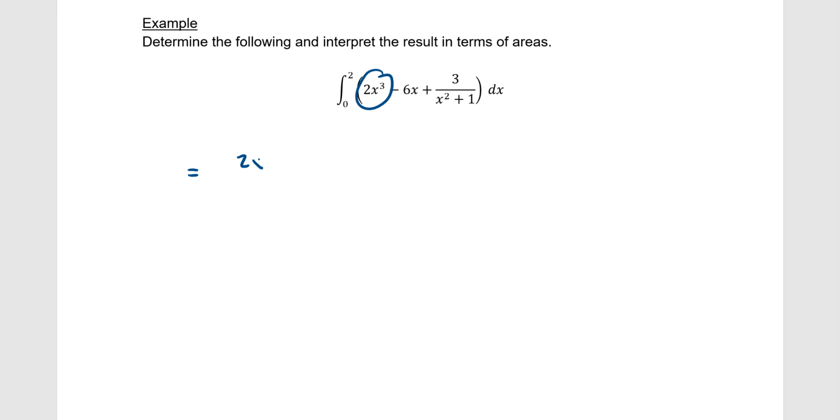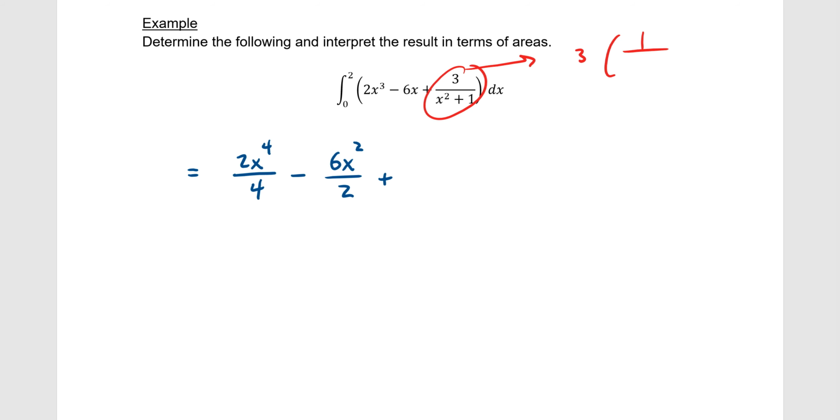So let's take a look at the first one, 2x cubed. So this is going to be add 1 to the exponent and divide by that new exponent. Next one, 6x, add 1 to the exponent, divide by that new exponent, so 6x squared over 2. Next one is a little tricky. We know that we could rewrite this as 3 times 1 over x squared plus 1.